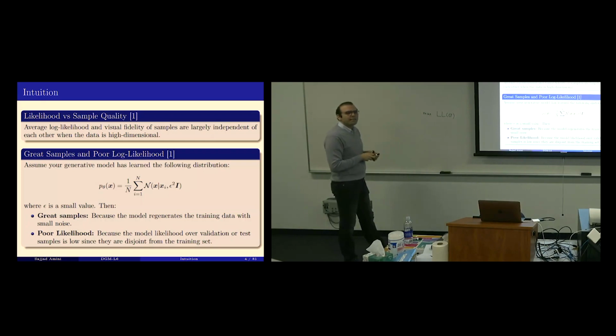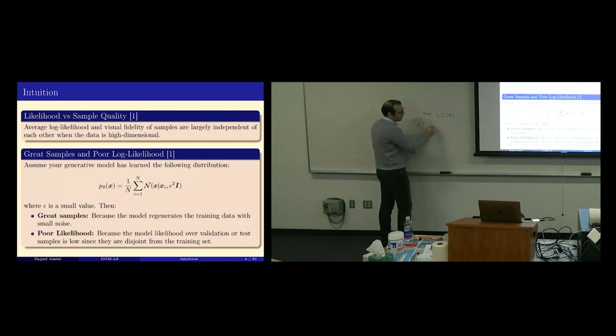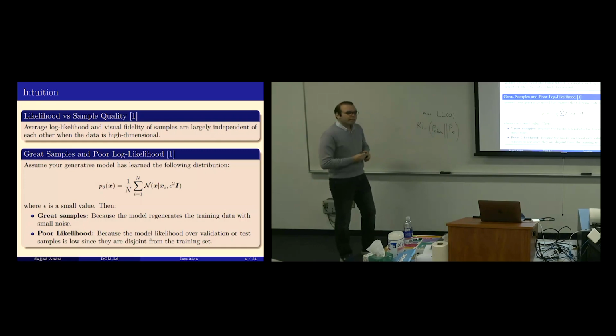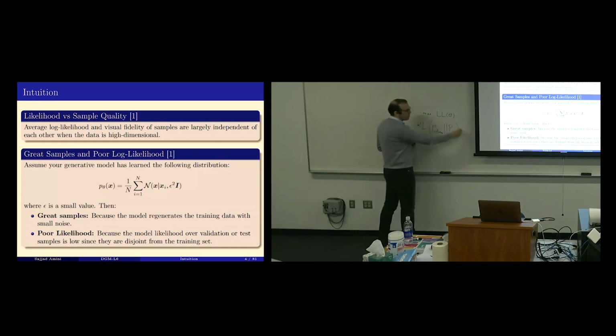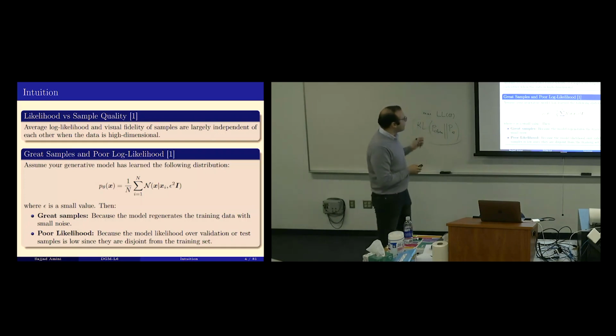Why? Because it is equivalent to minimizing the KL distance between P of data and P of theta. So previously we used this as our metric of distance. Now we want to focus on this metric and see whether it is really a suitable distance metric or not.